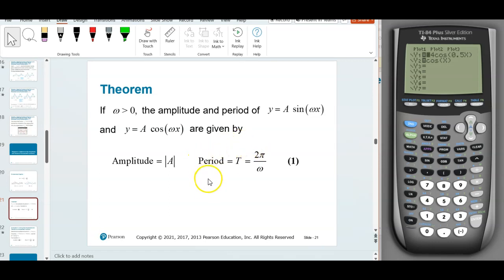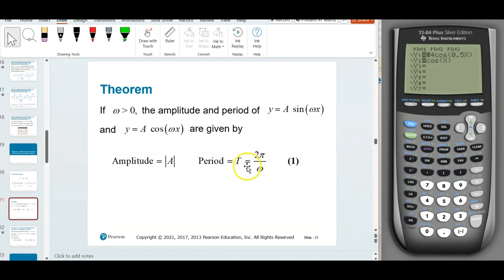All right, and then the period is how long it takes to make a complete wave. For sine, it would be from the midline up to the peak, down to the valley, and then back up to the midline. For cosine, it would be how long it takes to get from the max down to the minimum, back up to the maximum.